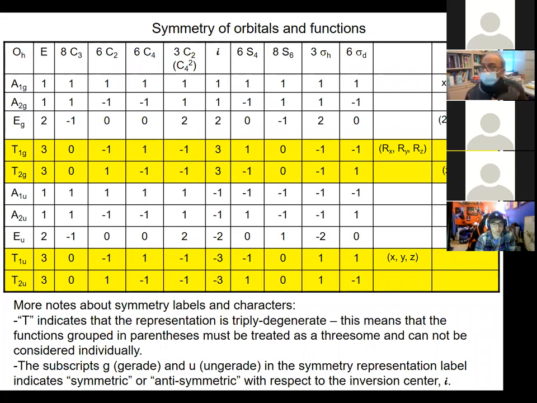So now we have octahedral symmetries. We have C3s, C2s, C4s, and sigma h. So what is the difference between sigma h, folks? What does sigma h do?